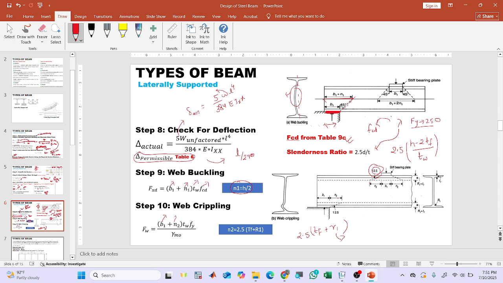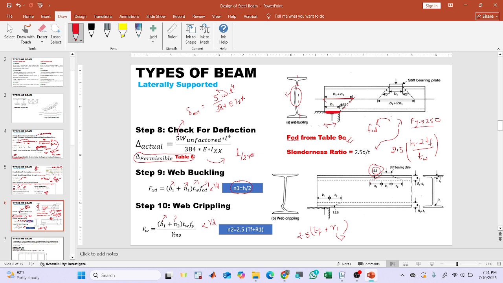We can calculate this value, and these two values should be less than Vd, the design strength, and then we can say that it is safe.